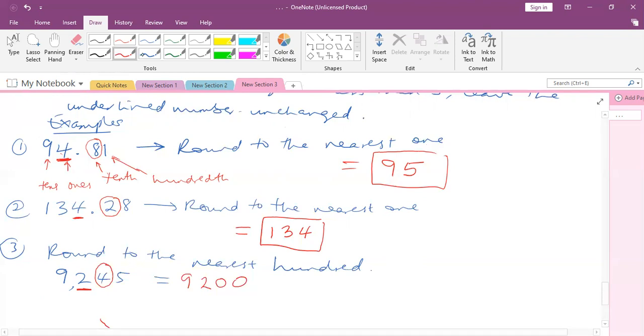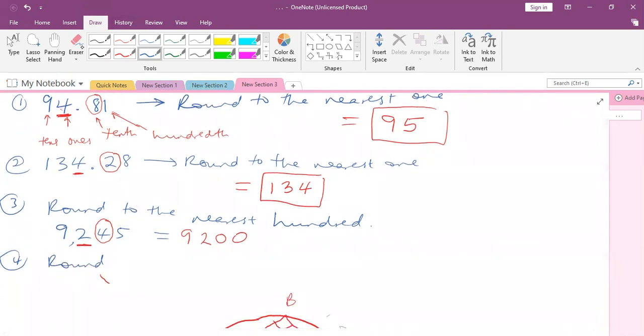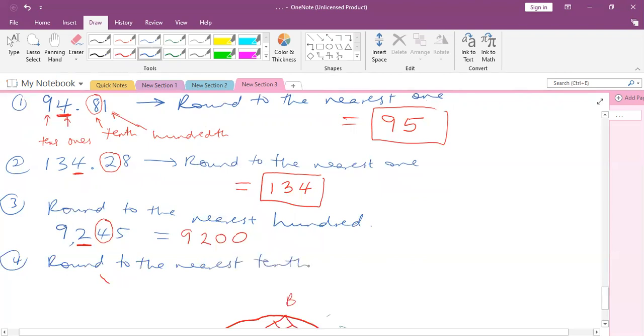Let's try one more. Round to the nearest 10th.